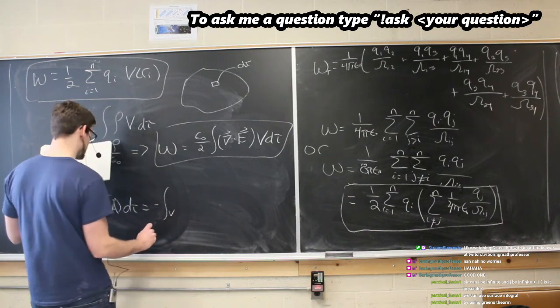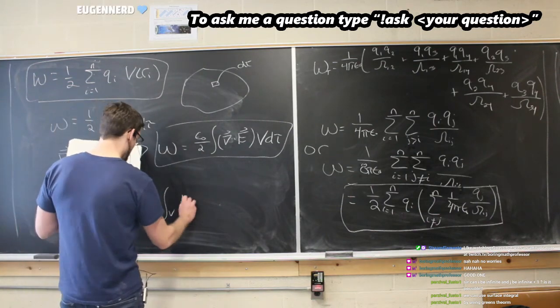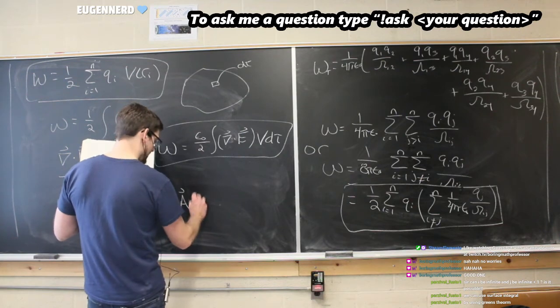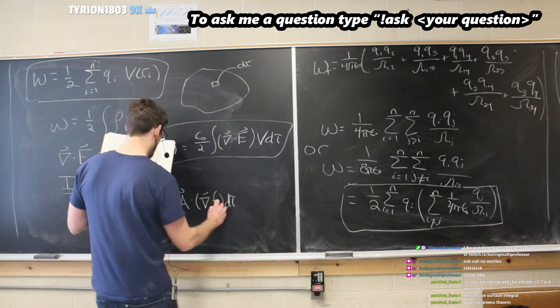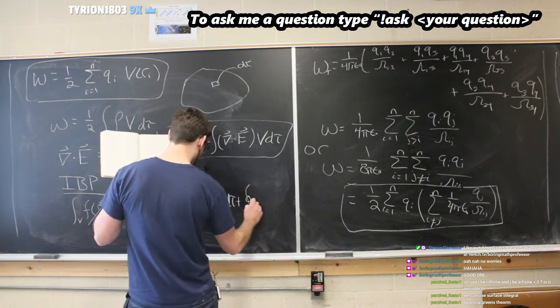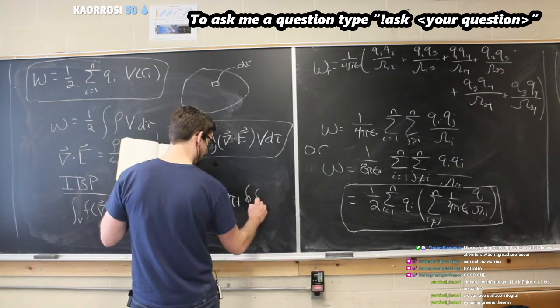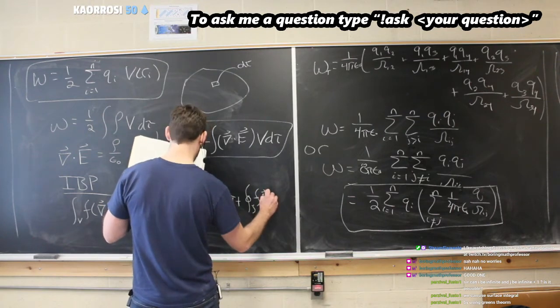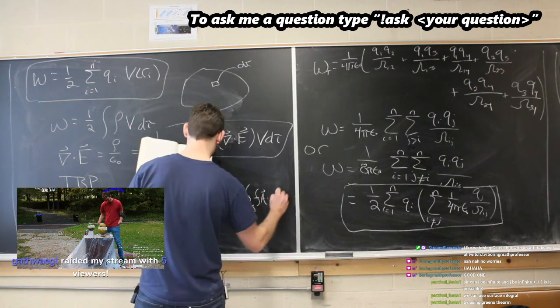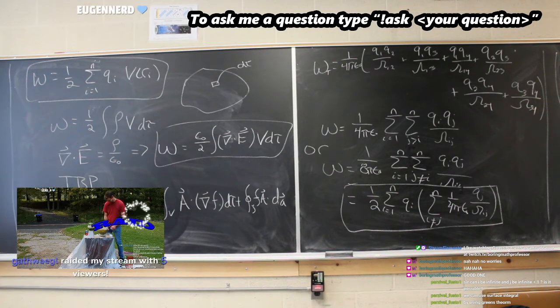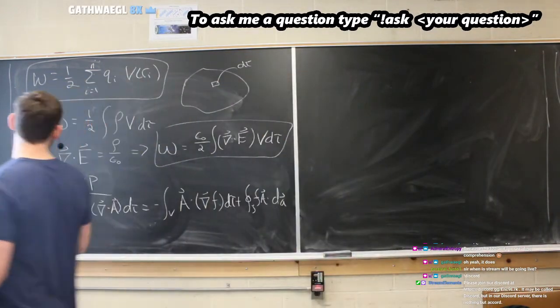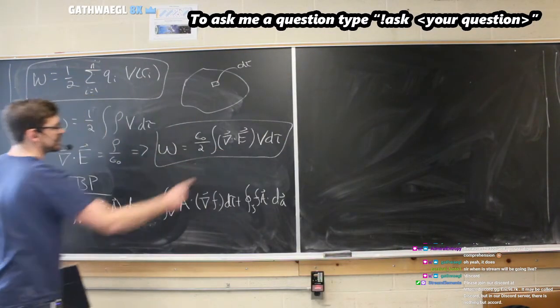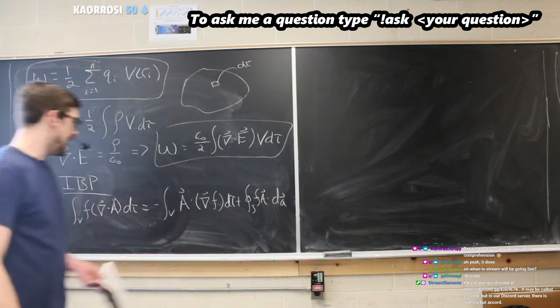And we get the negative integral of A dotted with the gradient of the scalar, d tau, plus the surface integral of the scalar times the vector dotted with dA. Ooh, what do we have here? Where were we? Yes, integration by parts. We're going to split this up because we don't really want this divergence on the E field.